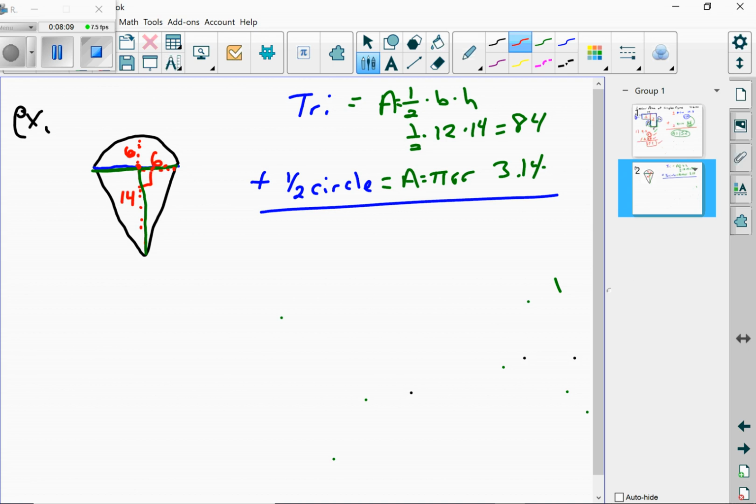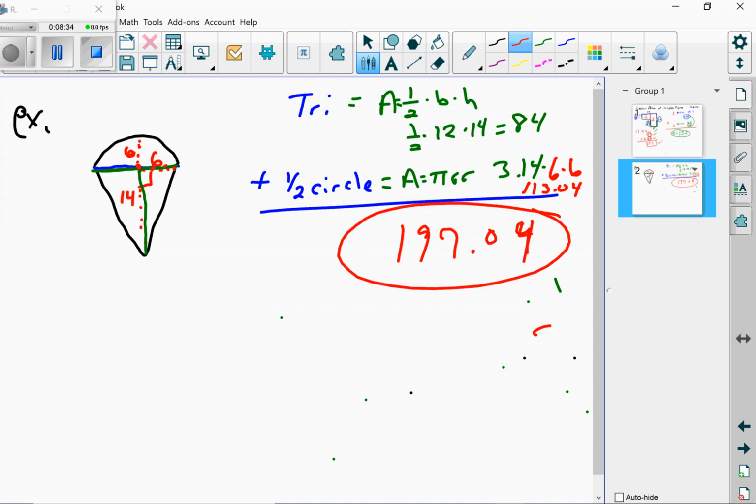So I'll do 3.14 times 6 times 6. On my calculator, I'm pretty sure that's 113.04. Right, so we add these together. It looks like we're getting 197.04 for a total area, right? That's a triangle plus a half of a circle.